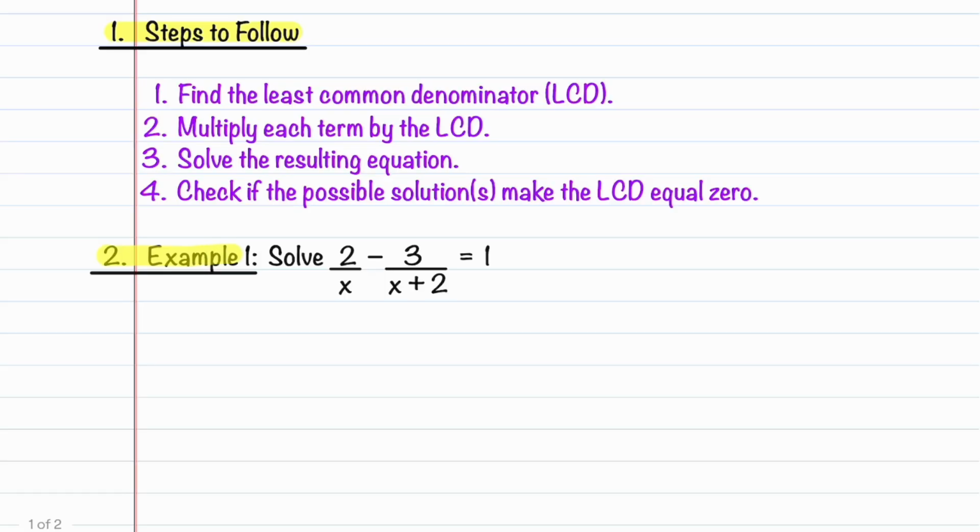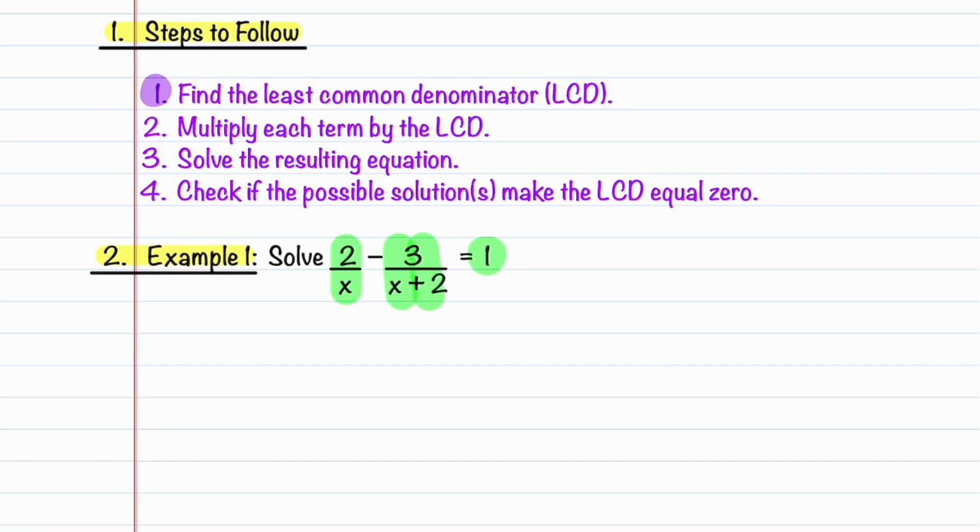In our first example, we're going to be solving the equation 2 divided by x minus 3 divided by x plus 2 is equal to 1. The first thing that we need to do when solving this equation, listed up here in step 1, is to find the least common denominator.